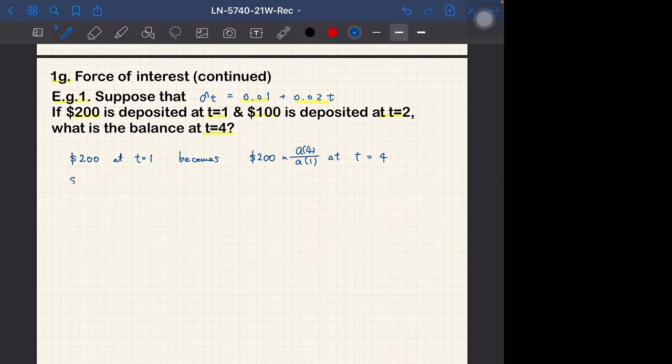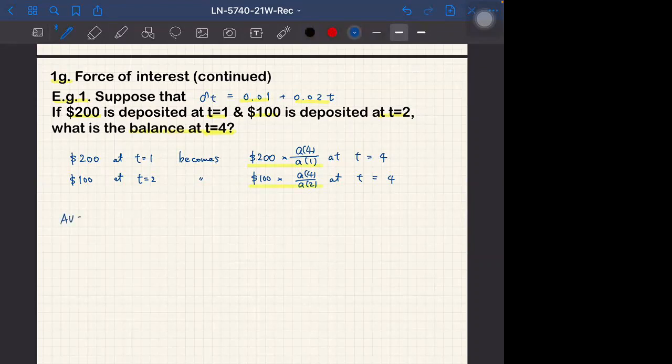In the same way, $100 at time point t is equal to 2 becomes 100 times A4 divided by A2 at time 4. So the summation of these two amounts is the balance at t is equal to 4.